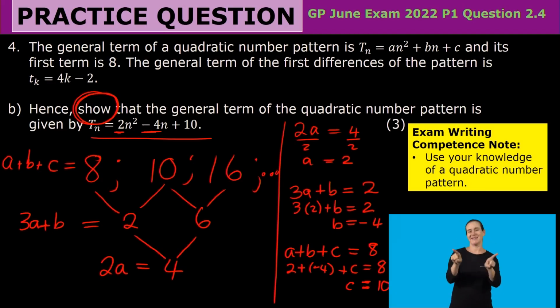So from what we were given, we can see that we have found the same general term that we were asked to prove, and that is 2n squared minus 4n plus 10. And that is what we were asked to prove. We have proved it, and that is the answer.